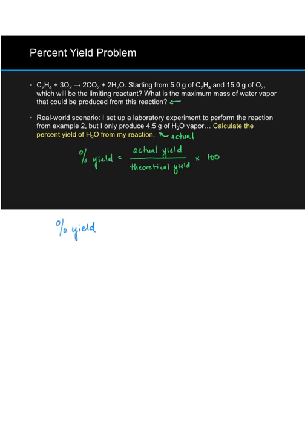And the 5.63 grams of water we calculated on the previous set of slides was our theoretical yield. Therefore, our percent yield is actual 4.5 grams divided by theoretical 5.63 grams times 100.